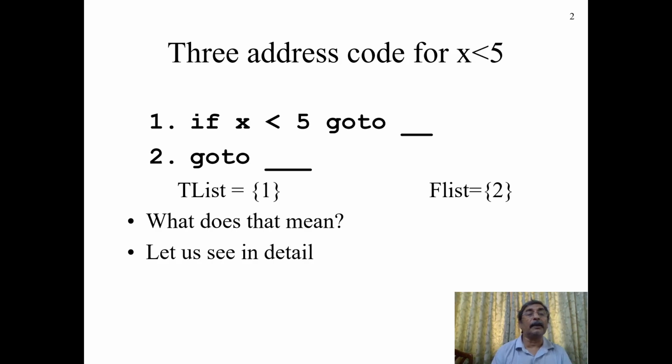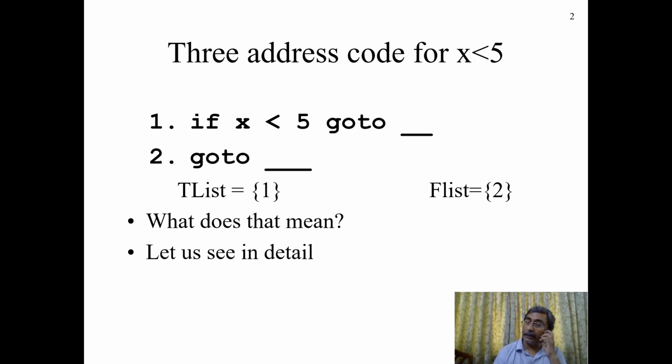Since I have to remember that, I remember that in a list called true list. The connotation of true list is, in case this condition is true, then you reach these kind of line numbers like line number 1, and that contains the go to which is not complete.